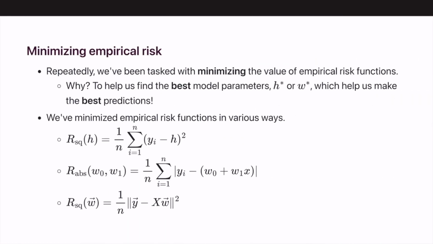We've done things so far where largely we've tried to minimize empirical risk functions, for example, by setting the derivatives equal to 0 and solving for them. That was using calculus to solve for these.